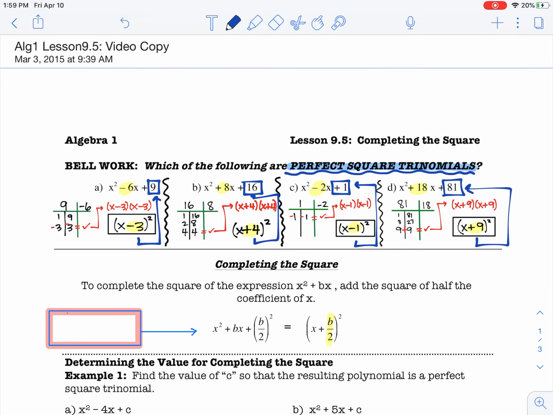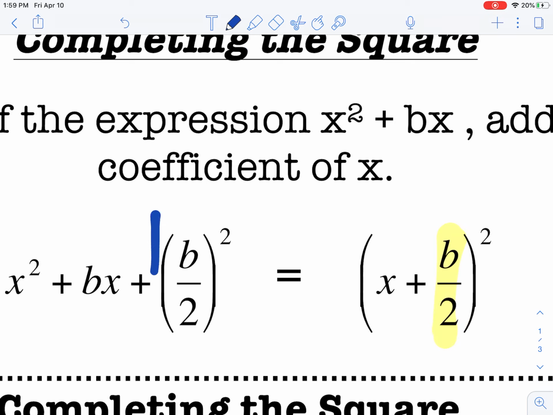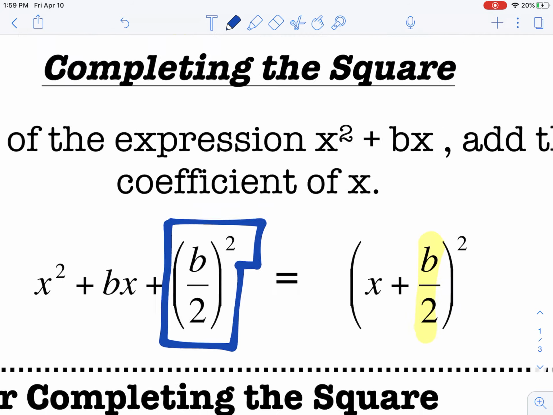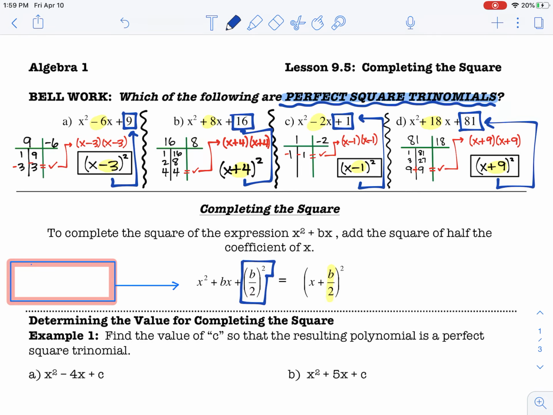So that's the other relationship that we're looking for. We know that the C term is the result of taking half of the middle term and squaring it. And these 2 pieces become very important and are, in essence, the way in which we will set this problem up so that we can eventually solve it by square roots.